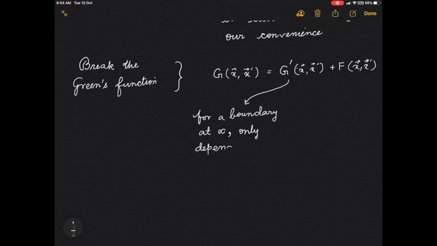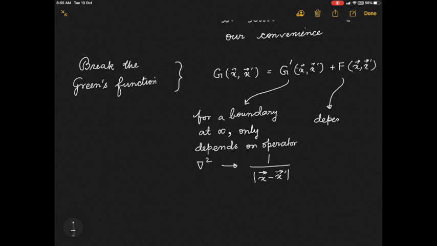So this only depends on the operator. So this, in case of Laplacian, is mod of x minus x prime. This, on the other hand, depends on the boundary.